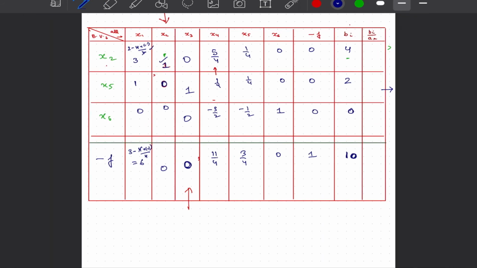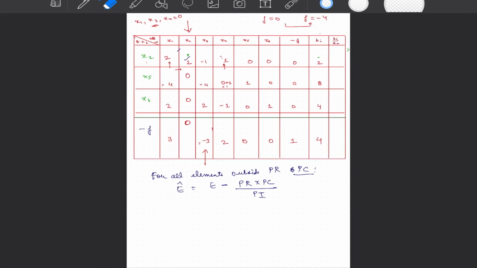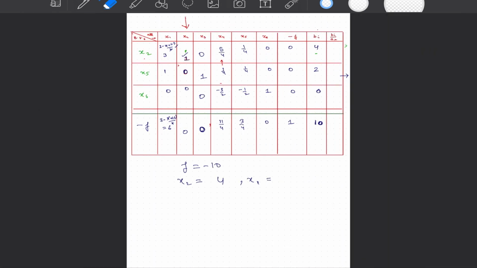Now you see that once we have updated our new tableau, the value of f comes out to be minus 10. Now this was x2, x5, x6, we had an entry variable here, so x5 left, so instead of x5 we have x3 now.